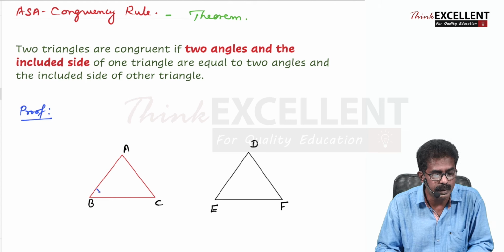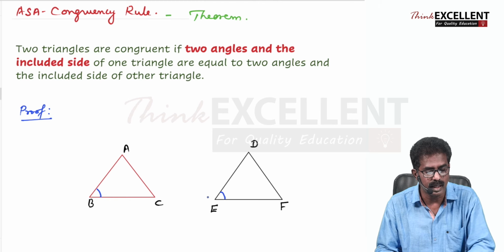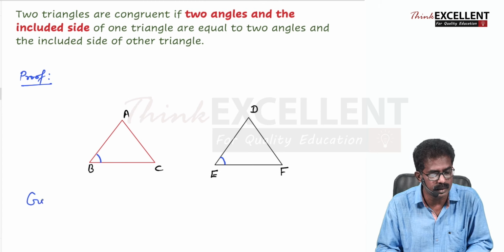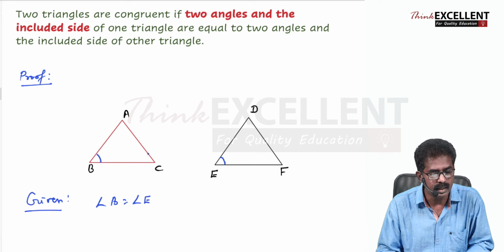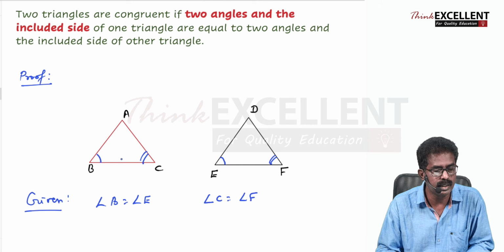I'm taking angle B equal to angle E. Then another one, angle C equal to angle F. And the included side, ASA, which side? BC equal to EF.